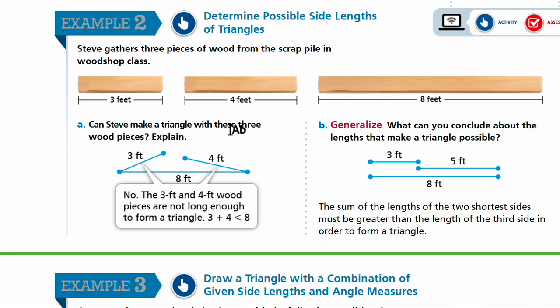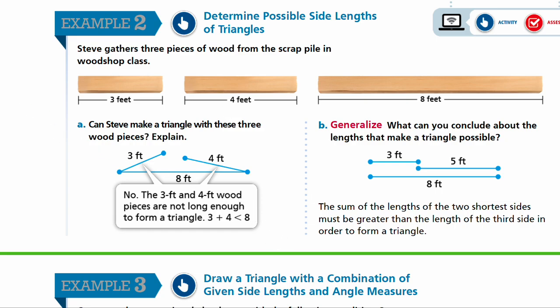Okay, example 2. Determine possible side lengths of triangles. Steve gathers 3 pieces of wood from the scrap pile in woodshop class. Can Steve make a triangle with these 3 wood pieces? 3, 4, and 8. We just need to check the shorter sides. 3 and 4 add up to 7.